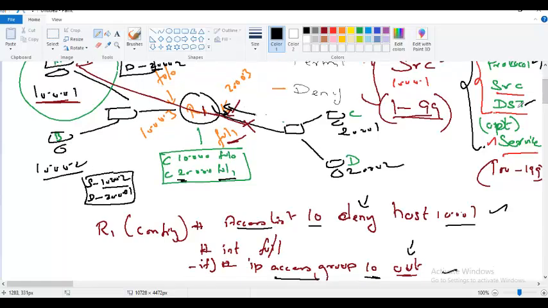How do you say it will deny? Yeah. Okay. This 10 is not 10 network, my friend. Okay, let me say 1. This is just access list number 1. We have said deny this host 10.0.0.1. But this is not 10.0.0.1. This is 10.0.0.2.